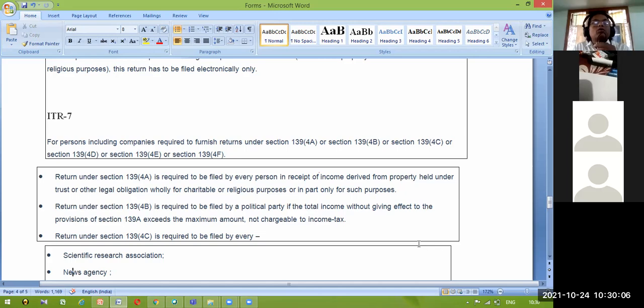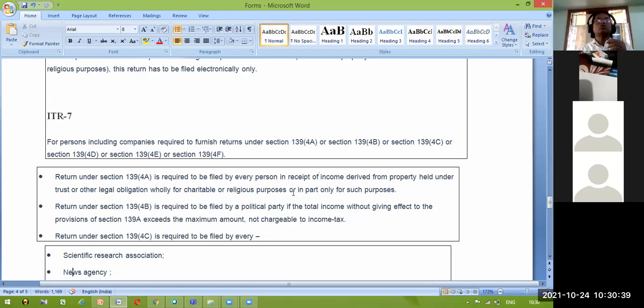Return under section 139(4A) is required to be filed by every person in respect of income derived from property held under trust or other legal obligation, wholly for charitable or religious purposes, or in part only for such purposes. See, some people have trusts with property used for religious purposes or charitable purposes, and they are claiming deductions and exemptions.